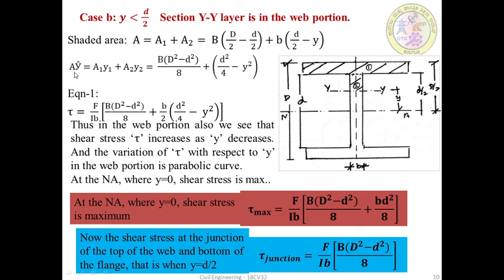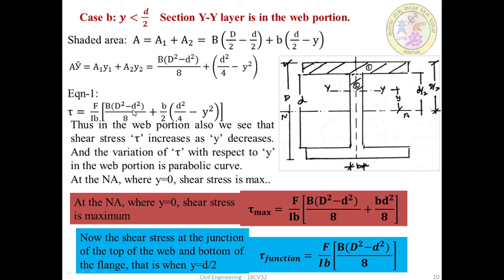Here the moment of the area about the neutral axis will be given by area into y bar, which is equal to A1 y1 plus A2 y2. So after this we get the value. Now in equation 1, when you substitute this value, we get that shear stress is equal to, this is the final value.